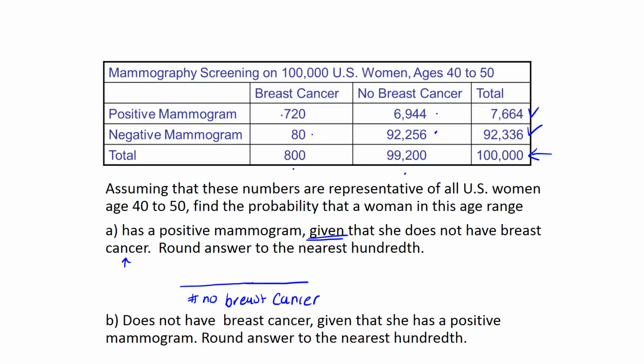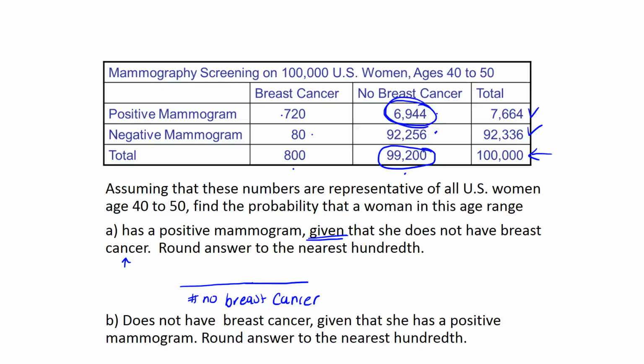The denominator is not going to be 100,000. We already know that, so it's not out of 100,000. It's out of the total number that have no breast cancer. So we look at no breast cancer and we look at positive mammograms.